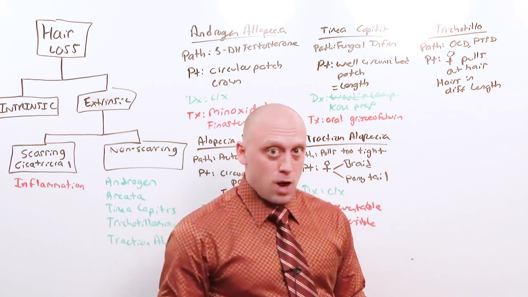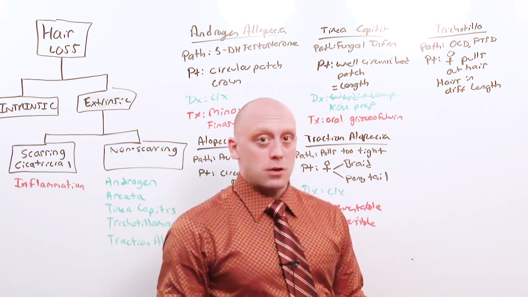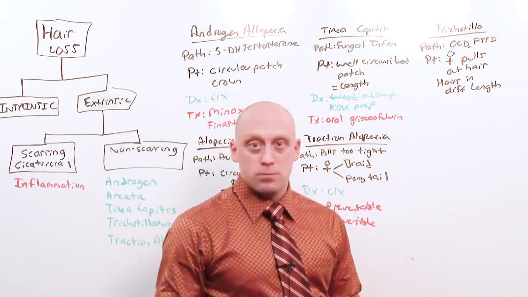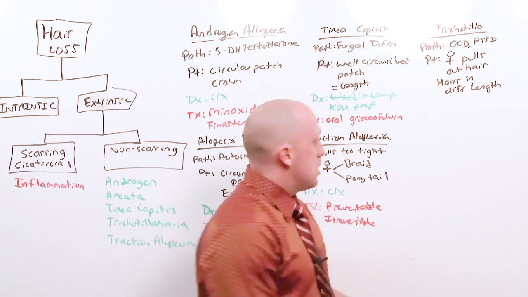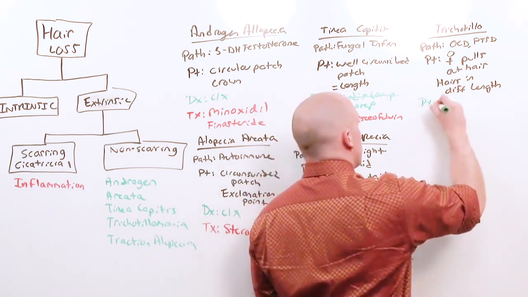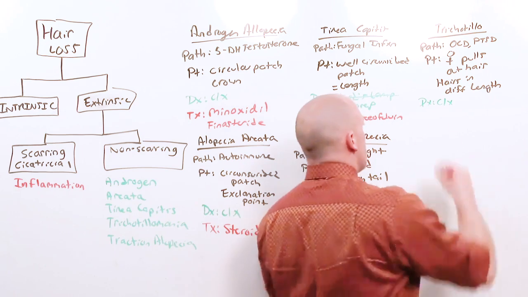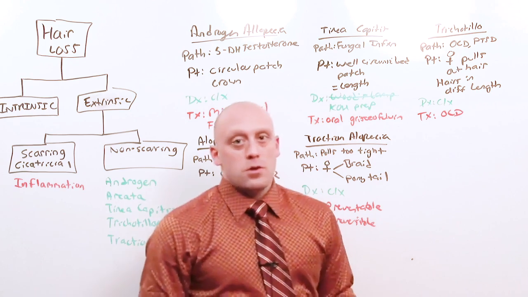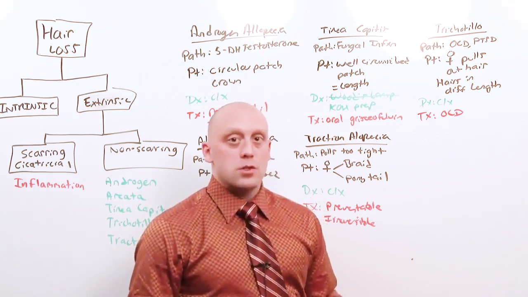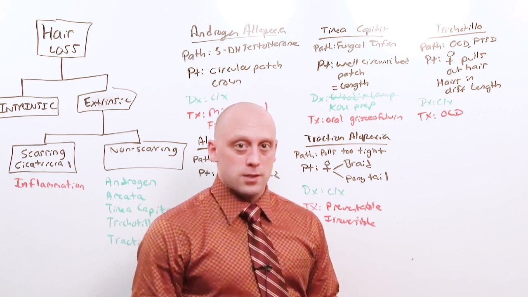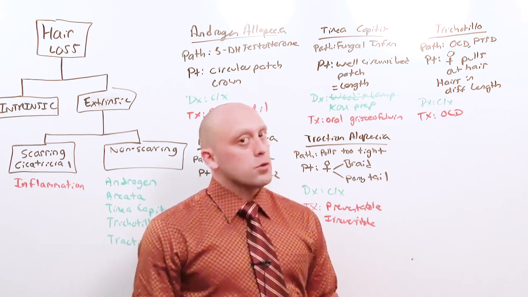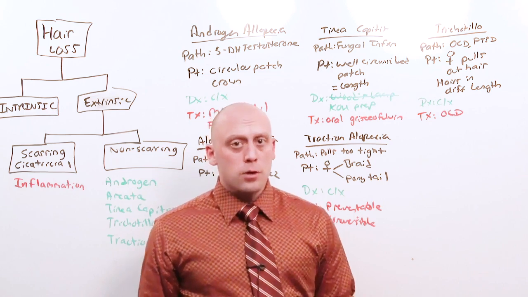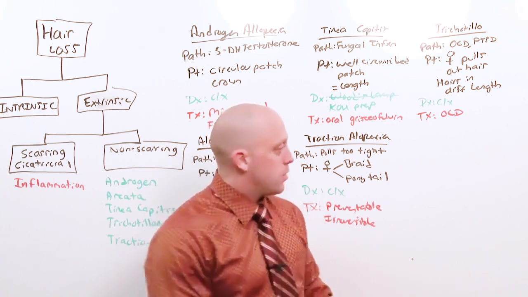Because these are too small to grab onto, that patch is going to grow back normally, even though she's got pieces of hair missing all over. The diagnosis is clinical, and the treatment is more OCD than it is anything else. You're going to have to put her on medications and get her counseling to control the compulsions and control the anxiety.